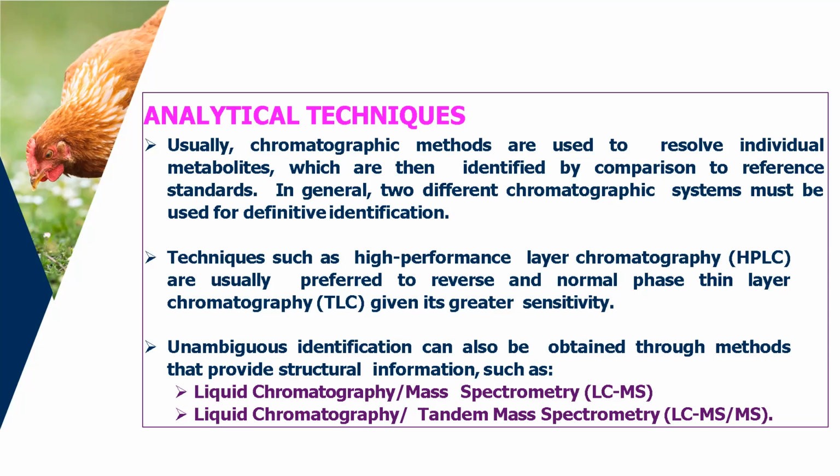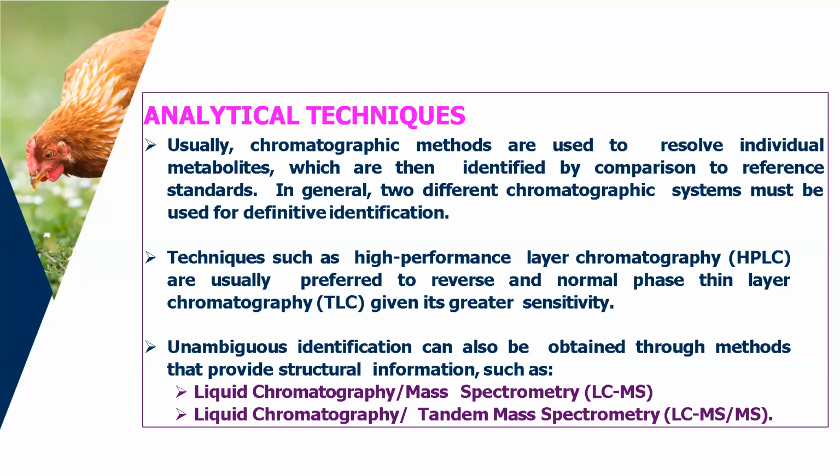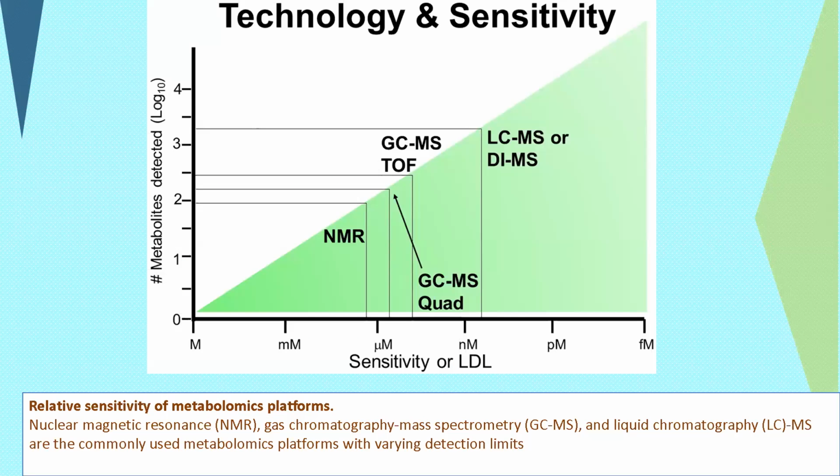Both of these equipments are there in Veterinary College, Hebbal, Bengaluru, and we have analyzed a variety of tissue residues using LCMS or LCMS/MS. The sensitivity of this equipment, of course, LCMS/MS is highly sensitive compared to LCMS, whereas TLC and HPLC are also sensitive.